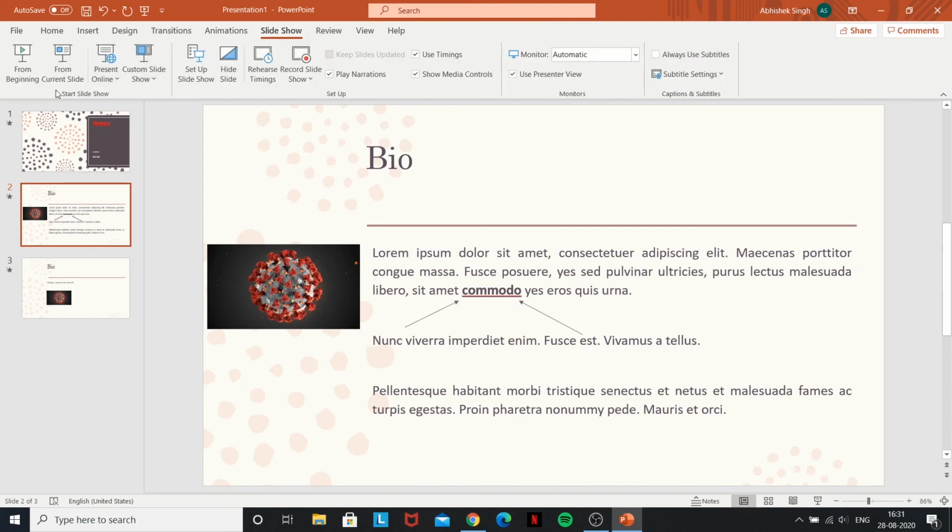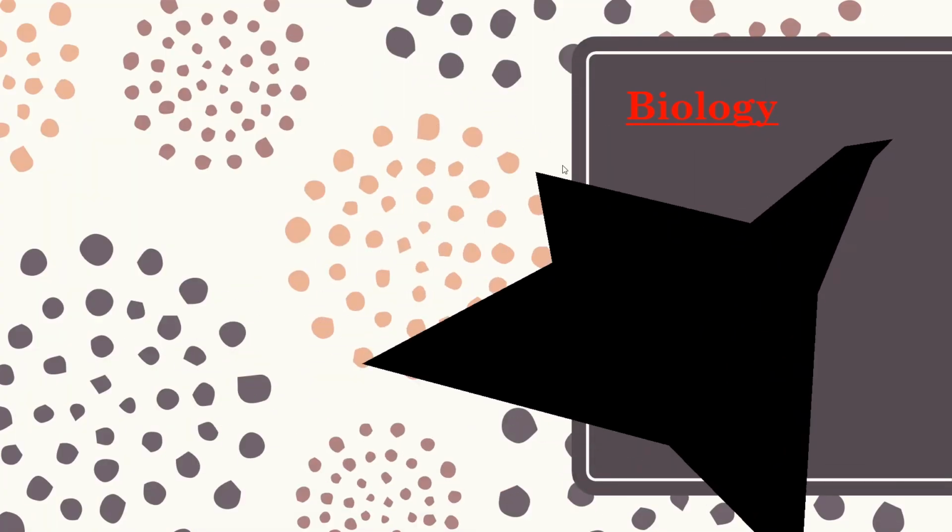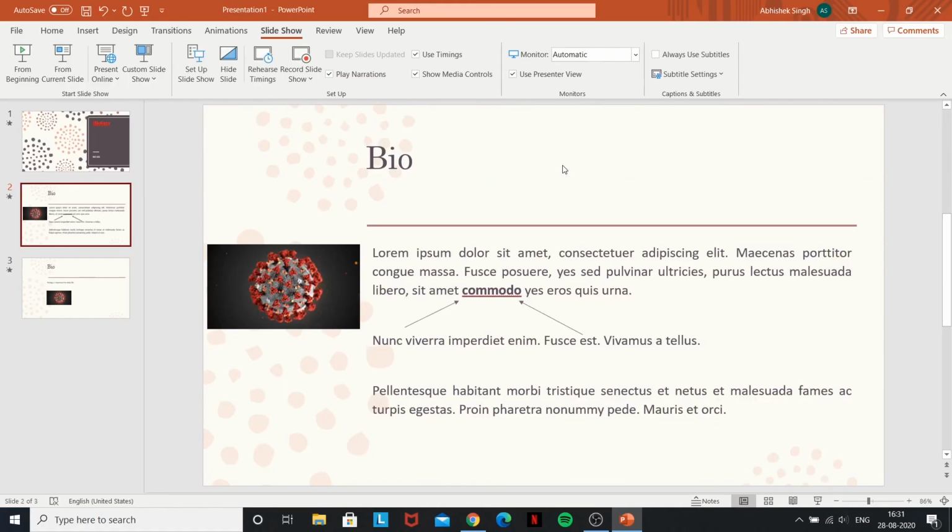Now finally we have the slideshow, which is basically a simple tool that you can just press to start your slideshow. So since we have 3 slides, if you want to start, you can just start from the beginning. It just starts the slideshow right away. A shortcut would be on the top left, right here, this button, which means start from the beginning.